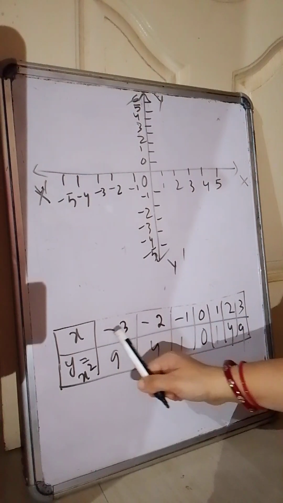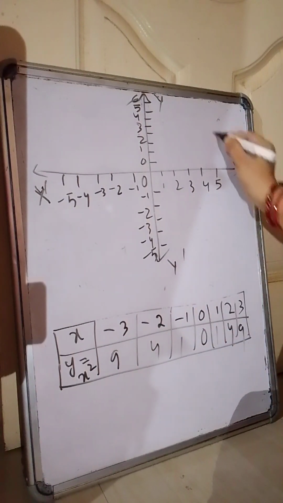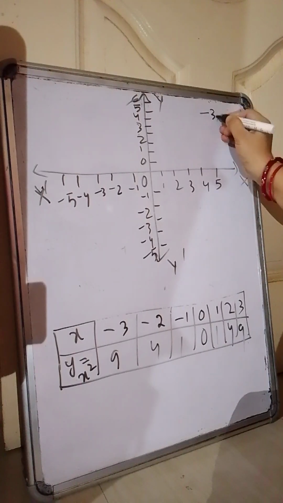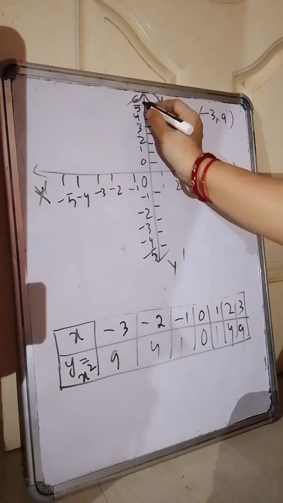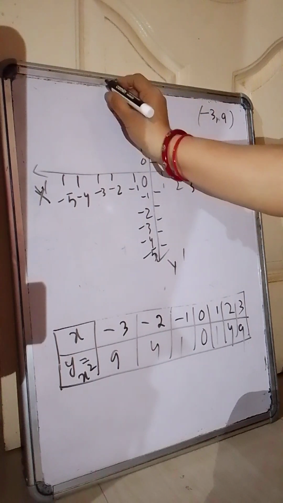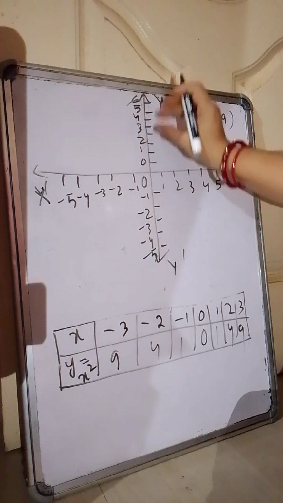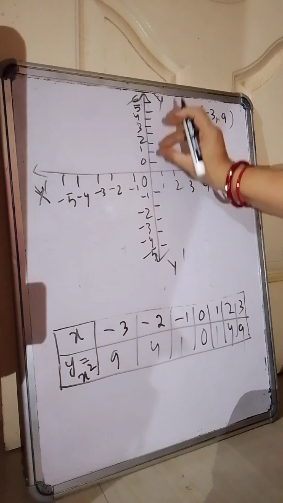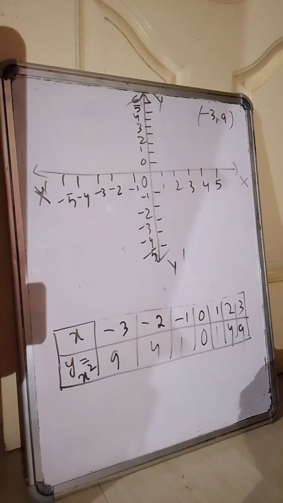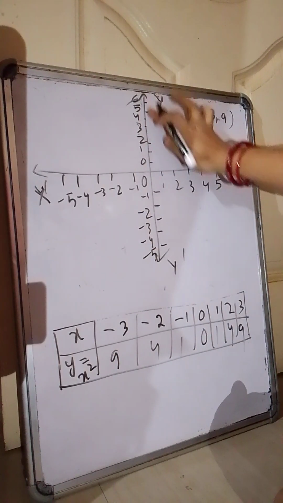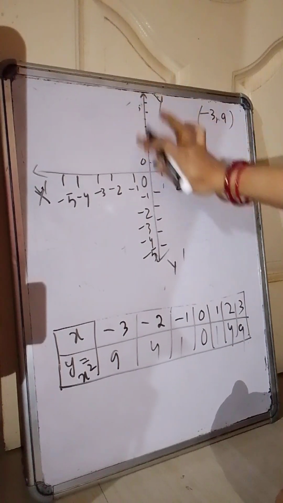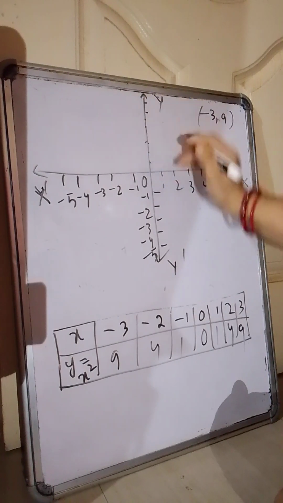So x is -3, y is 9. First ordered pair is -3, 9. So when x equal to -3, y is 9. Here we have drawn up to 6. If we decrease the size of the unit on the y axis, you can get your 9 here. Let us draw this again so that I am not confused.